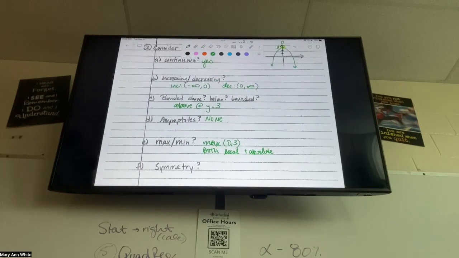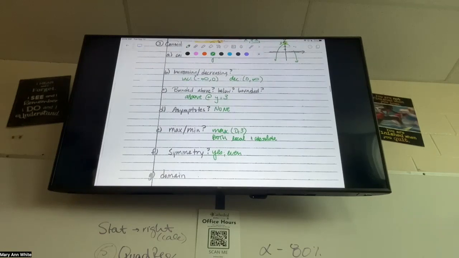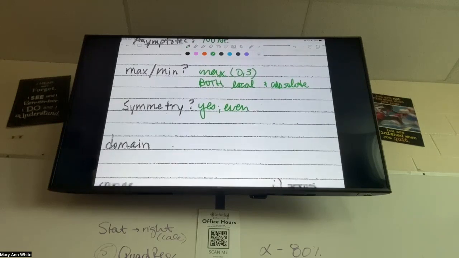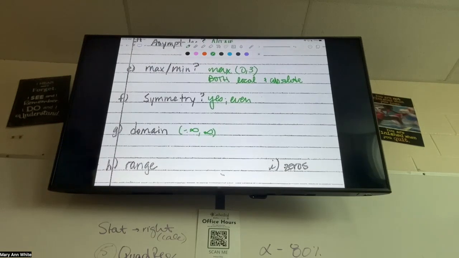Okay. Is there symmetry here? Yes. Do you believe it's even or odd symmetry? Even. When it's an exact reflection of itself, that's even. And we're going to deal with some more symmetry today. What's my domain? All reals, good. Negative infinity to positive infinity. What about my range?